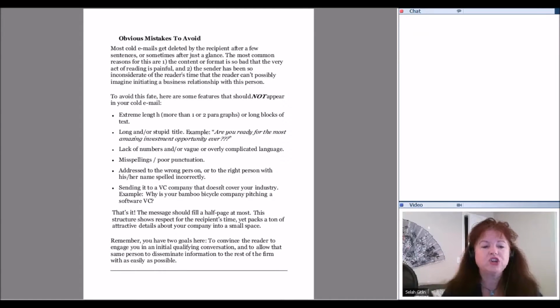All right, so to avoid this fate, here are some features that should not appear in your cold email to venture capitalists. 1, extreme length. More than one or two long paragraphs, or long blocks of text with no spacing and no bullet points and no nothing, right? Nobody reads blocks of text.